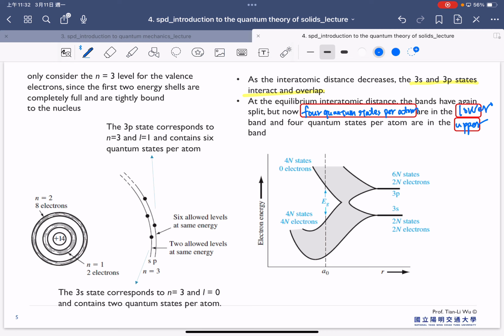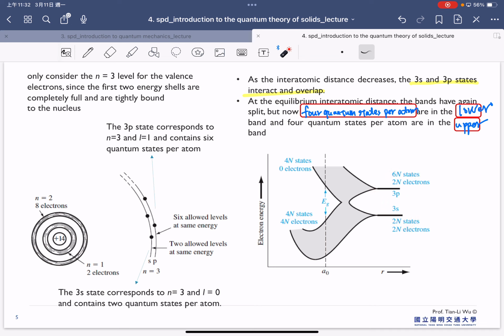So you can see from this one, there are four states here and four states at the bottom. You have the original 3p and 3s here, and as you push them closer and closer, they will split again in this way.